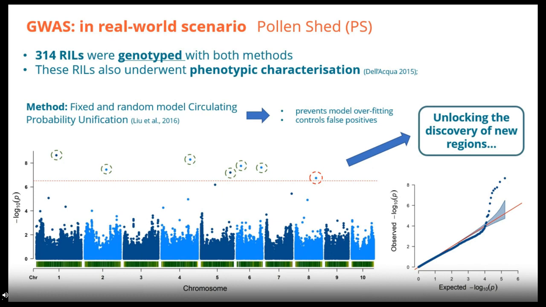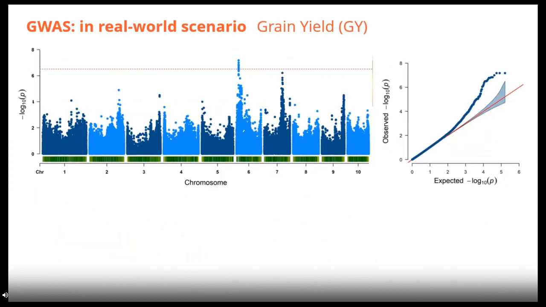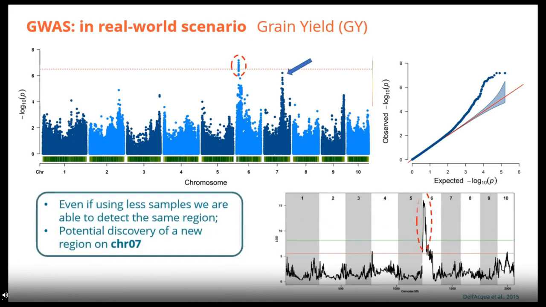will perform QTL mapping. We did the same test using another very important phenotype, grain yield. And if we look at the data of 2015, here we see on chromosome number 6 a very evident peak, and we see the same situation here with our new data sets.